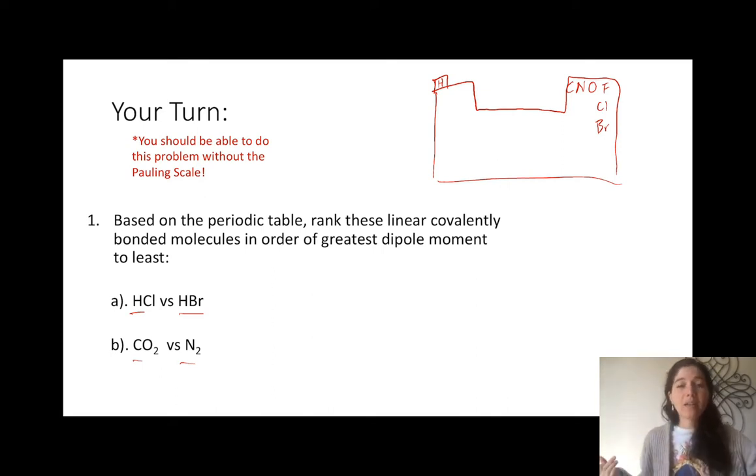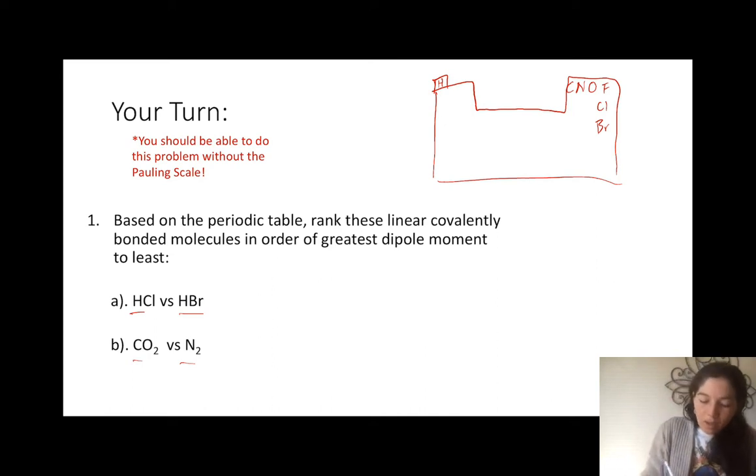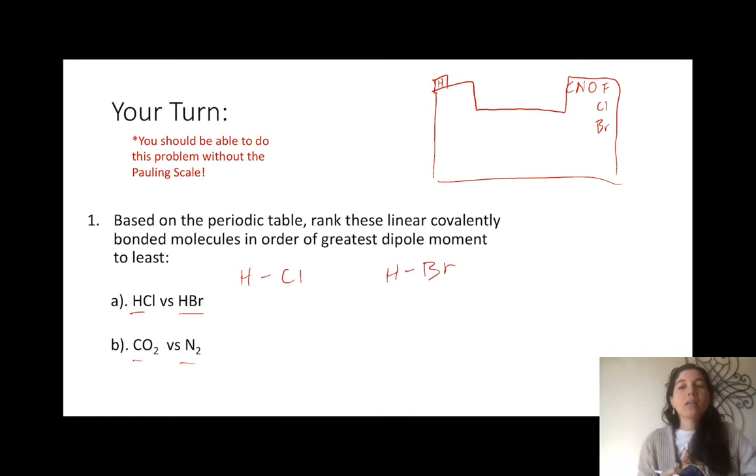Okay, so let's take a look here at the difference in our dipole moment magnitude. So hydrogen with chlorine versus hydrogen with bromine. We need to look at the electronegativities of each of these atoms in order to determine this. If we see chlorine and bromine on our periodic table, we can see that bromine is further down, meaning it has more electron shields, meaning it is less electronegative.